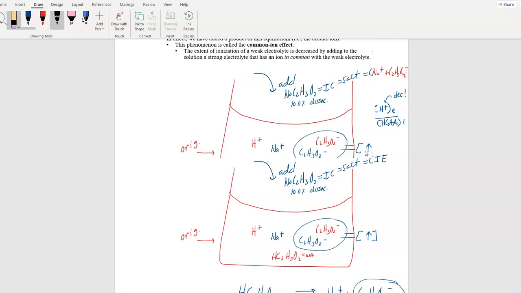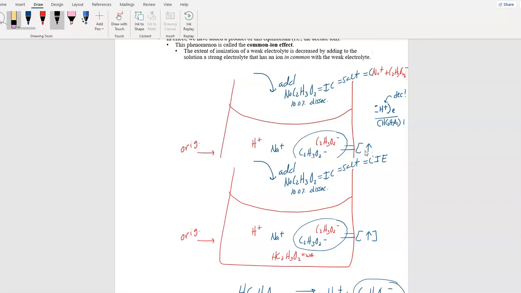If you look at it from a math standpoint, I think you can see where we're going. By adding the sodium acetate, we have disturbed the acetic acid at equilibrium. In effect, we have added a product of this equilibrium, and this is called the common ion effect.